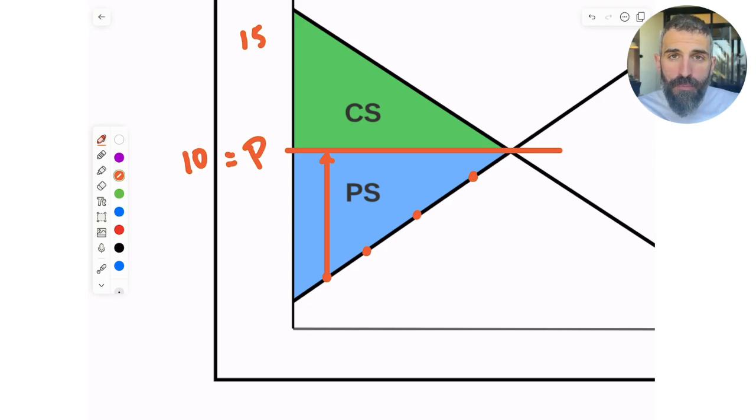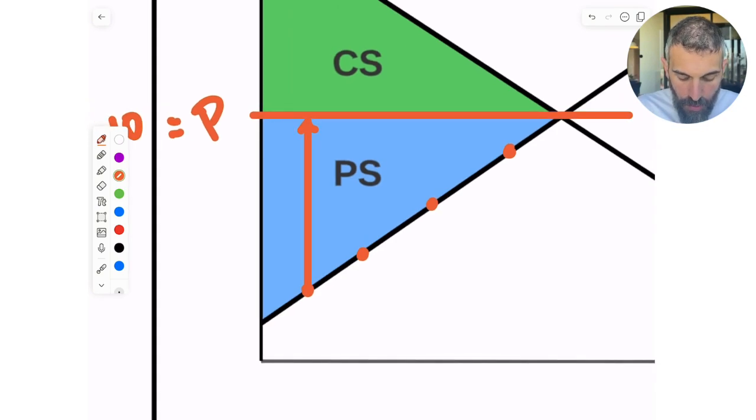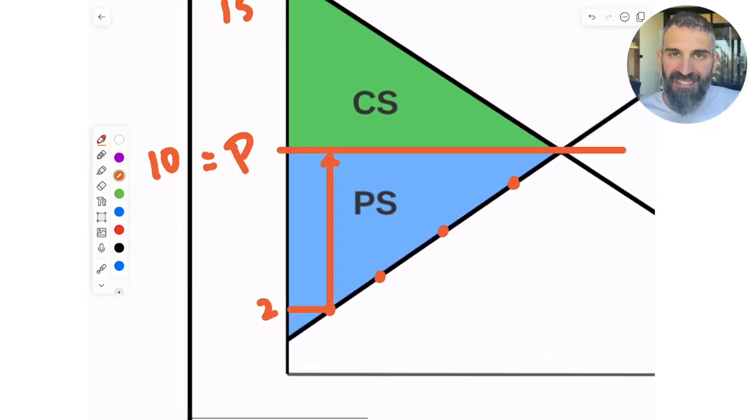The producer surplus is the difference between what the producer actually receives, so the price, and the minimum they would have accepted, or their cost. So let's say for this unit right here, maybe the minimum this producer was willing to accept was $2, but they get to sell it for $10 because that's the price.